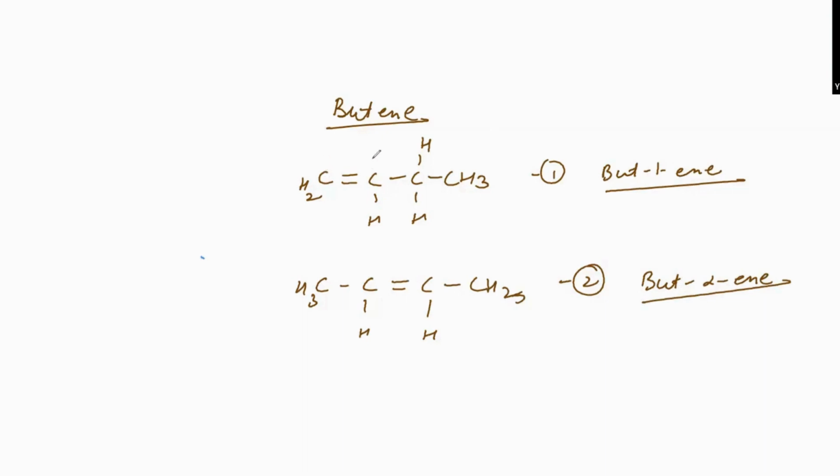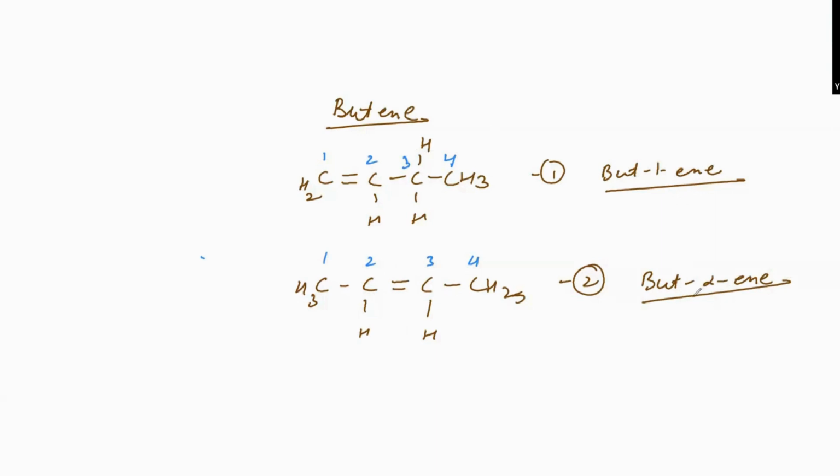Number it 1, 2, 3, 4. Carbon 1 has a double bond, so the name is but-1-ene. In the second one, numbering 1, 2, 3, 4, carbon 2 has the double bond, so but-2-ene.